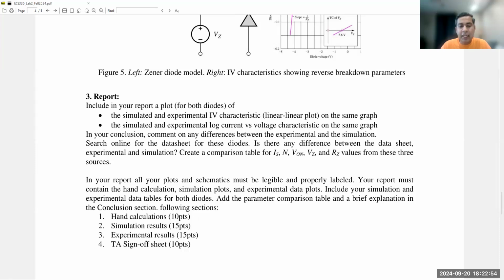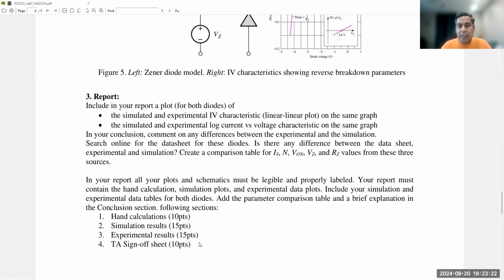Then your simulation and experimental results, your plots, calculations, and the derivation of the values, carry 15 each. And then the TA sign-off, which is after the experiment, carries 10 points on its own. So in total, it's a 50-point lab. Make sure to perform all the sections correctly so that you get the full points.